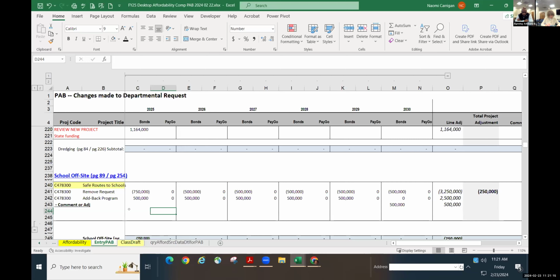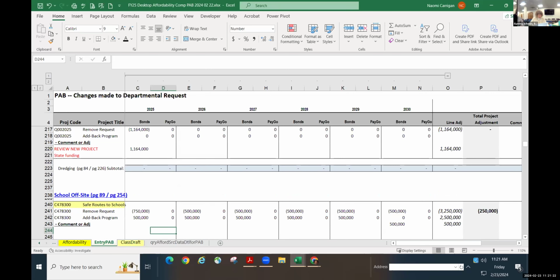So, Naomi, on page 80, safe routes to transit. And then safe routes to schools. We're talking about safe routes to transit, meaning public transportation, right? Yes. Separately, then, okay, safe routes to school. Yeah, all of the safe routes to school projects are identified by the Board of Education to give to us to try to get those constructed.